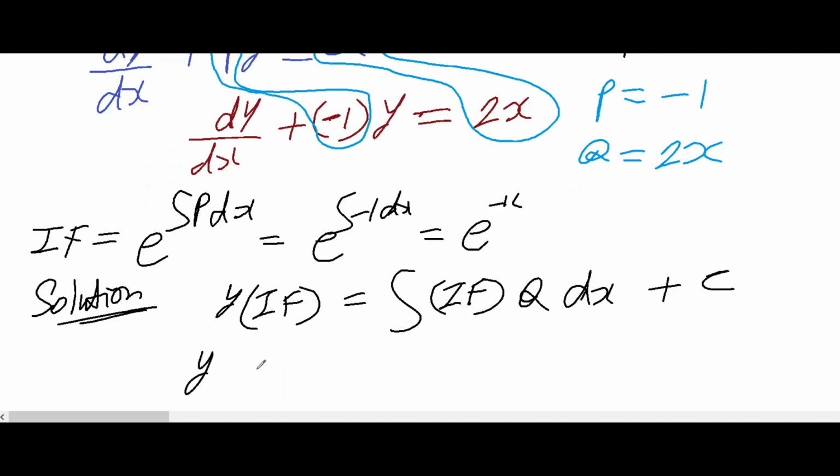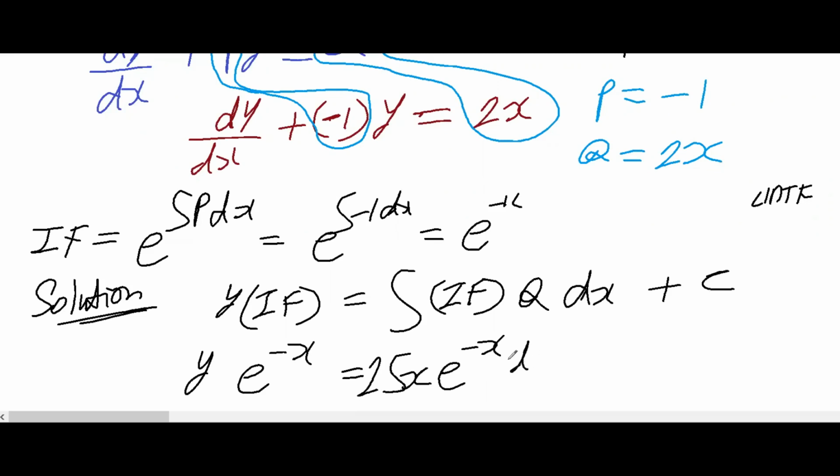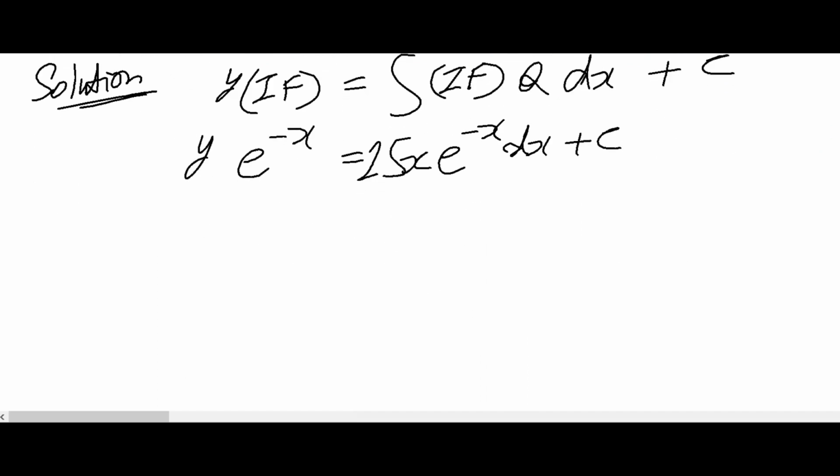So here the integrating factor is e to the power of minus x, and what is Q? Q is 2x. Now Q is 2x, so by LIATE, the exponential should be written next. So 2x I am going to write here: I will write 2 and here I will write x, then dx plus c. Fine.